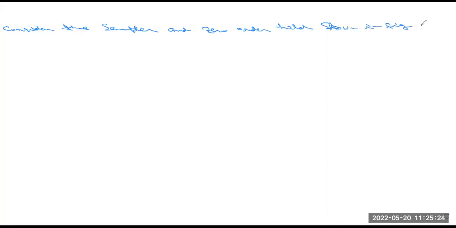So consider the sampler and zero order hold shown in figure A and figure B. So I am drawing the figure.